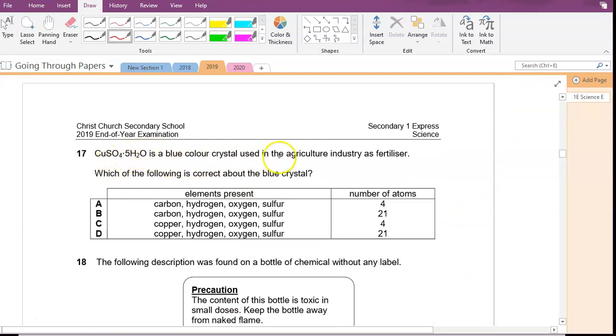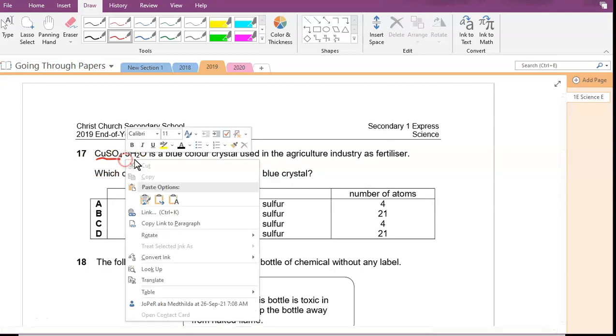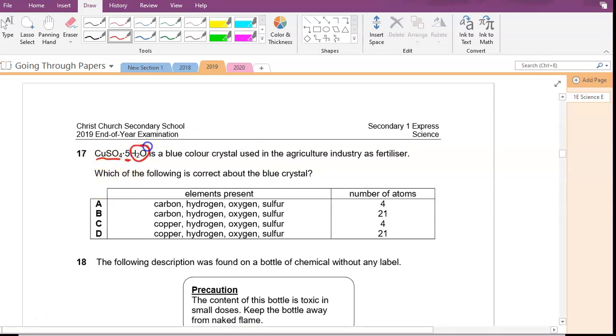CuSO4.5H2O is a blue colour crystal used in the agricultural industry as a fertilizer. Which of the following is correct about the blue crystals? Take note, the .5H2O tells you that there are 5 H2O. Let's find the elements present first.